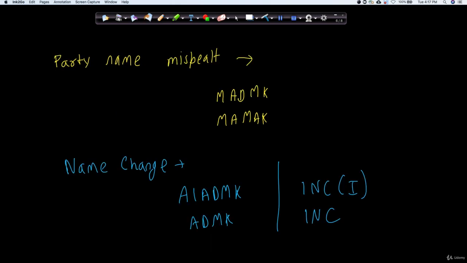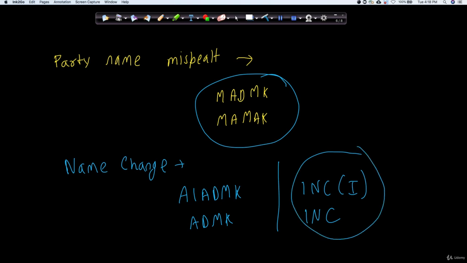Not only this, even in the party names we have seen this, the parties that were fighting that particular election. A few spelling mistakes in the party name could have happened. In fact, we have also noticed that parties sometimes keep changing their names. Like earlier, the Indian National Congress used to have this sort of symbol with I, but nowadays they don't include the symbol.